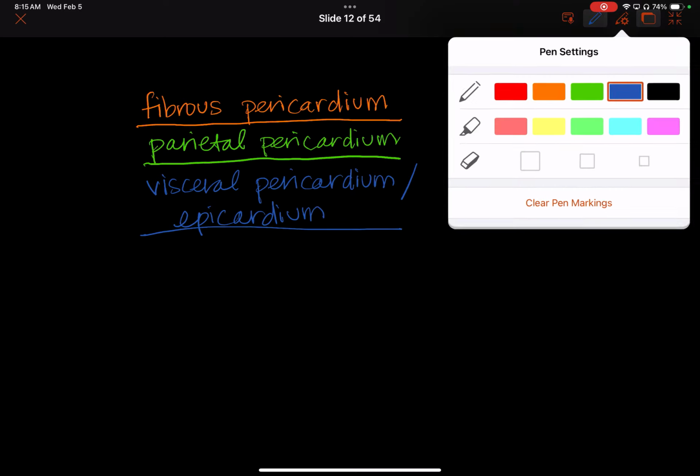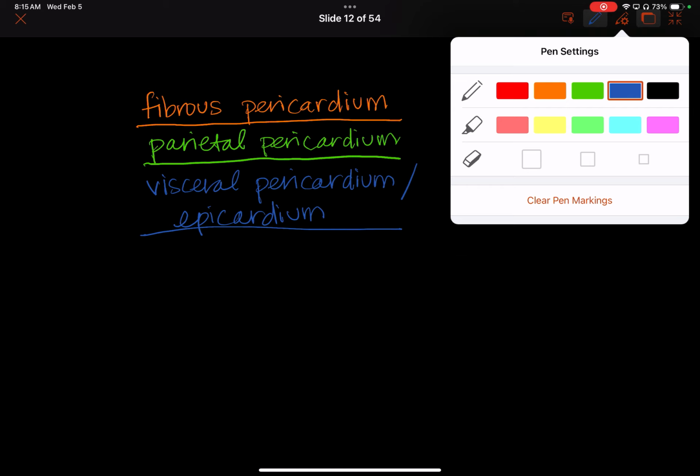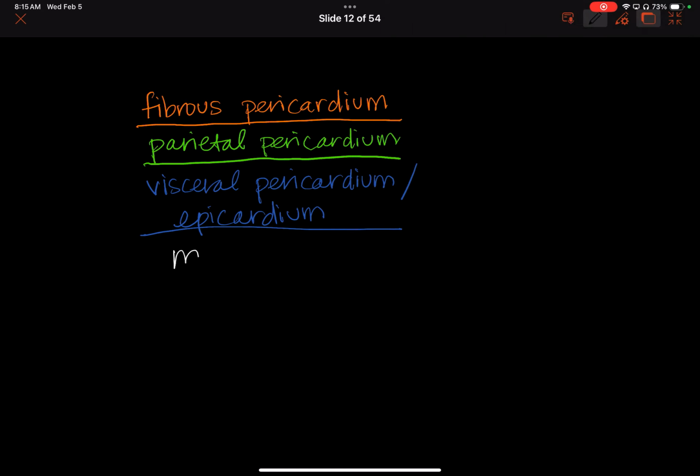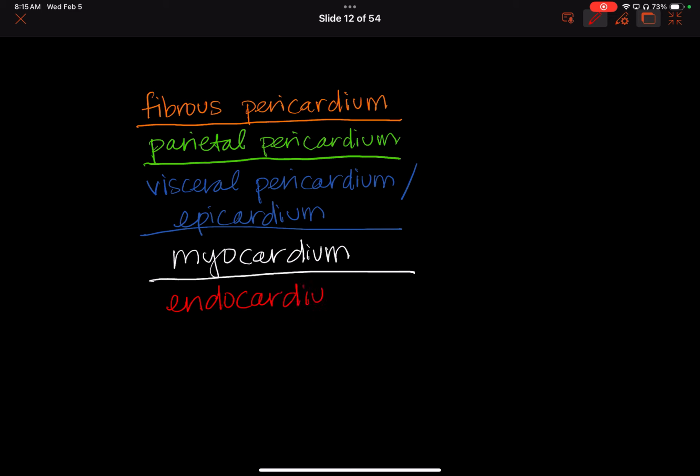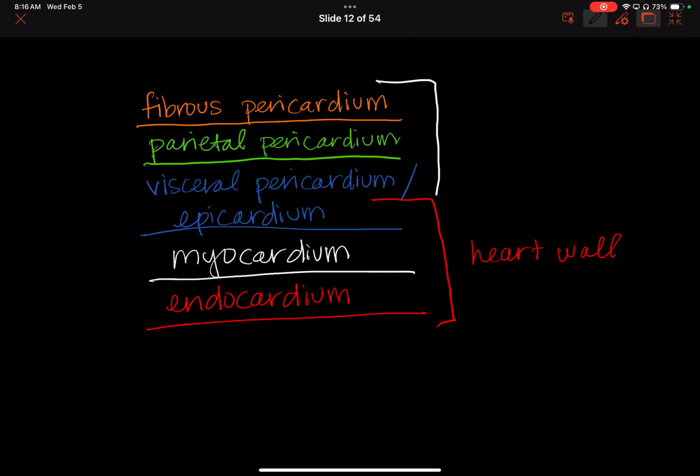And then when we get into the heart wall, and we'll talk a little bit more about this later, but I wanted to introduce it now as well. We have the myocardium, which is the muscular part of our heart wall. And then we have the endocardium, which is the inner layer of our heart wall. And so these three here are part of the heart wall, while these three are part of the pericardium.